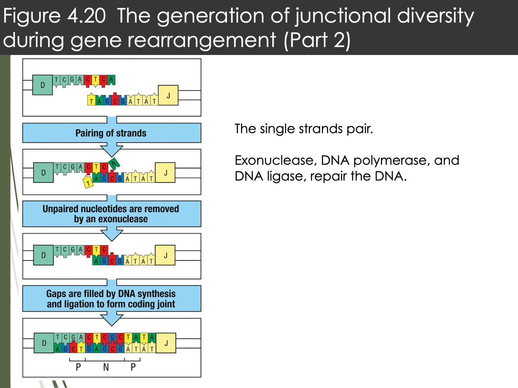Then we have ligase and DNA polymerase coming in to actually ligate and seal, if you will, this fragment, this coding joint. So lots of different enzymes are involved with this, and a little bit different than when you had to memorize DNA synthesis, and different than when you're looking at exonucleases and restriction enzymes in their function. So again, just keep that in mind.